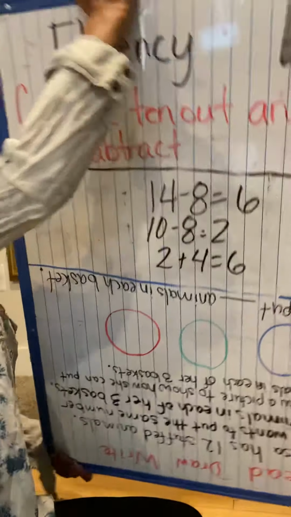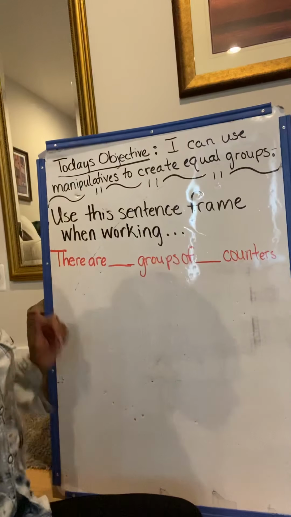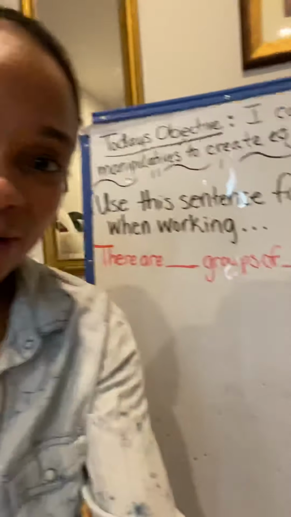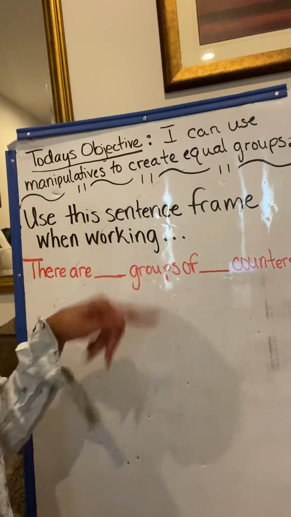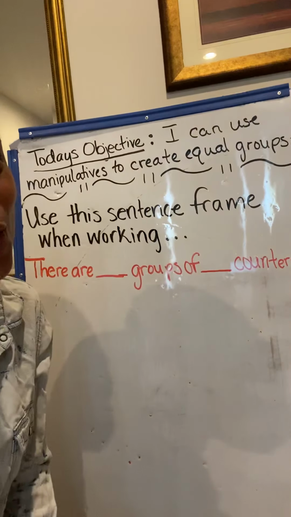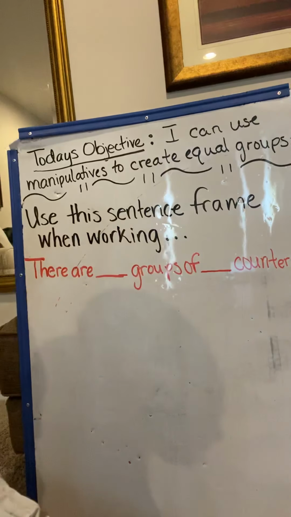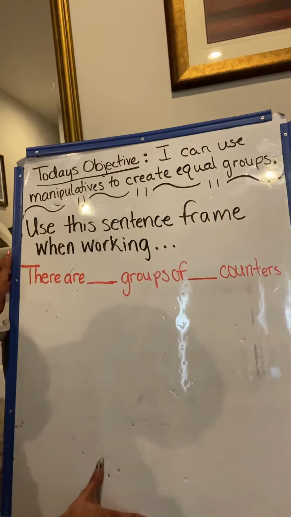I'm going to flip over my whiteboard so we can get into today's lesson. Move the camera up so you all can see. For today's lesson, today's objective is I can use manipulatives to create equal groups. All right, that's what we're going to be doing for today's lesson. We're going to also use this sentence frame.